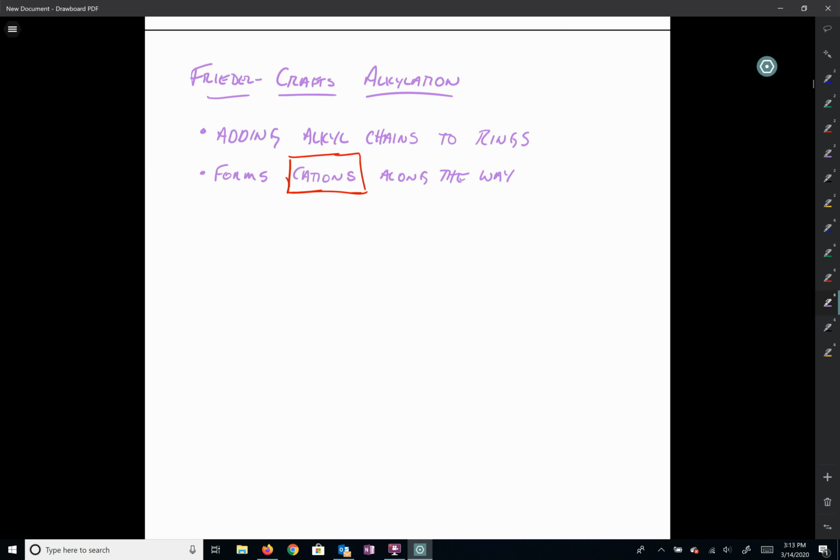The point I'm trying to get across is to remember what we know about cations and how they form and how they react and how they can rearrange and shuffle, and when they do want to form and when they don't. All those ideas that we learned about in the first semester are going to be at play here again.